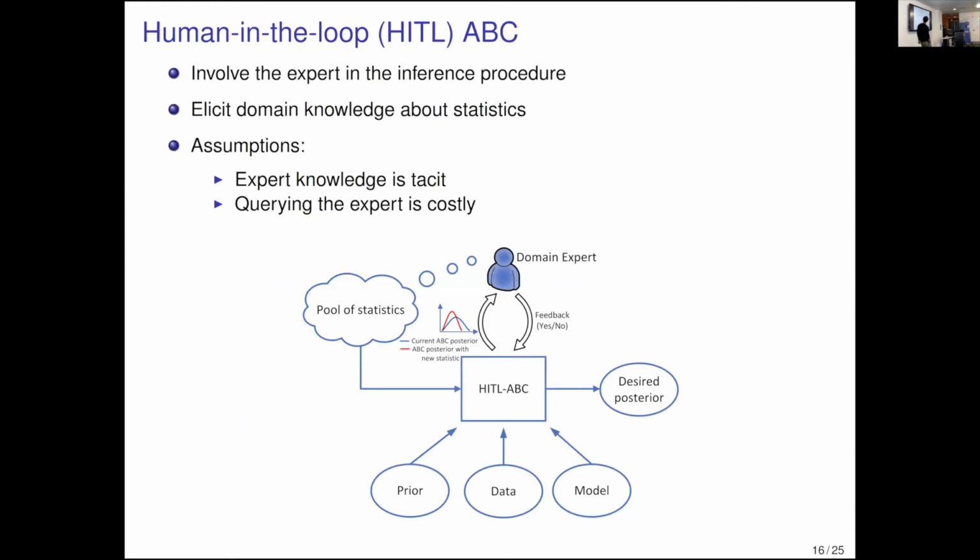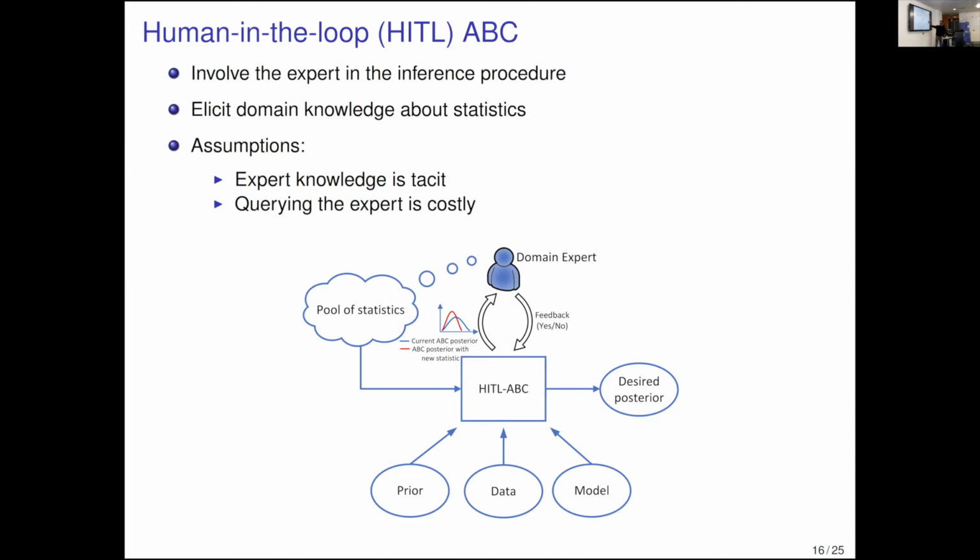Okay, so now we come to what is called human-in-the-loop ABC. Now we are trying to explicitly involve the domain expert in the inference procedure. Let's say this is the domain expert, and this is our method. We know that this person has some knowledge about statistics: what is a good statistic, what is a bad statistic.